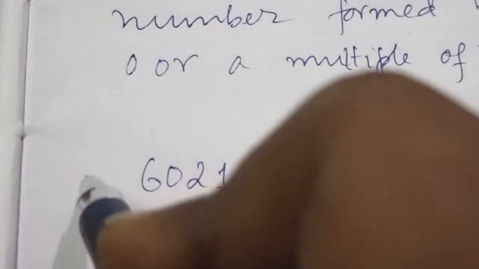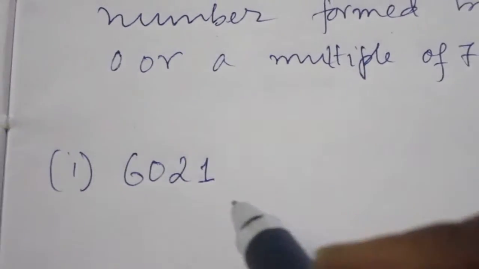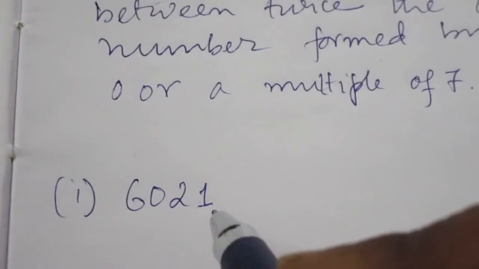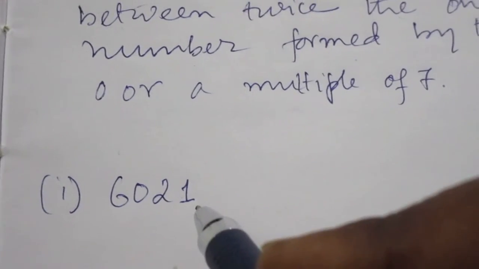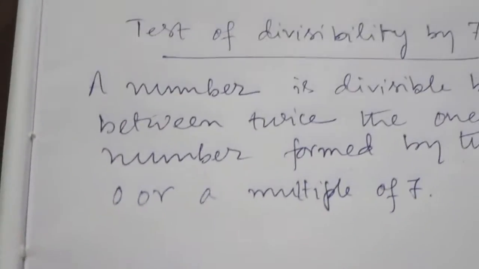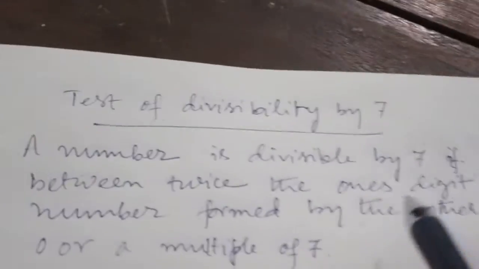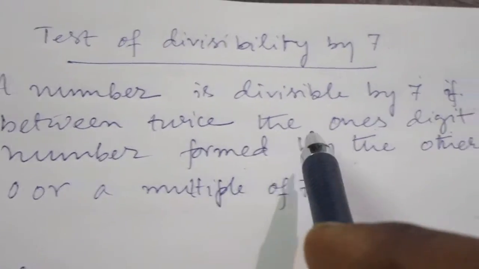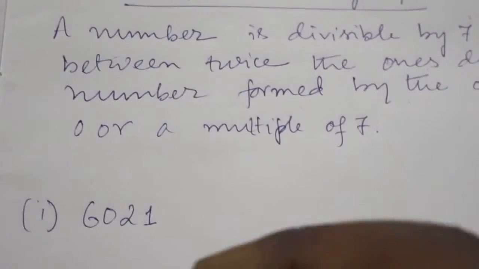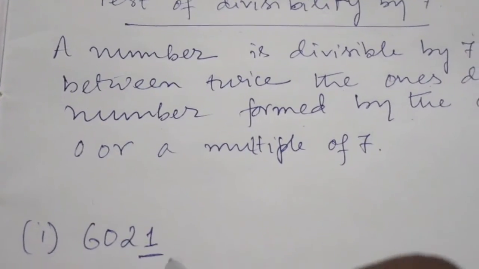Let us take the first number as 6021. We will check whether this number is divisible by 7 or not. Okay, so what is given: a number is divisible by 7 if the difference between twice the ones digit. So what is the ones digit? The ones digit is 1.